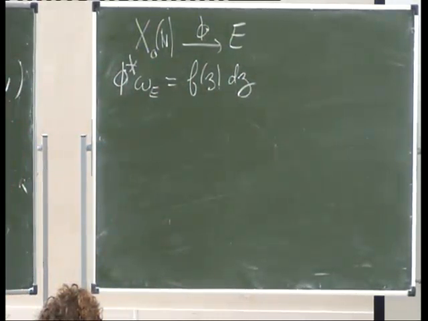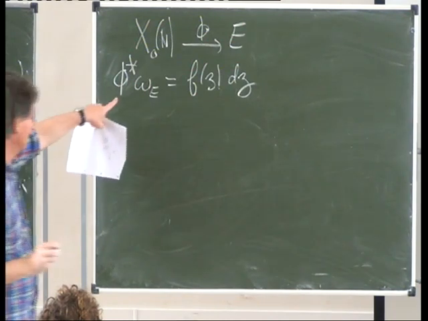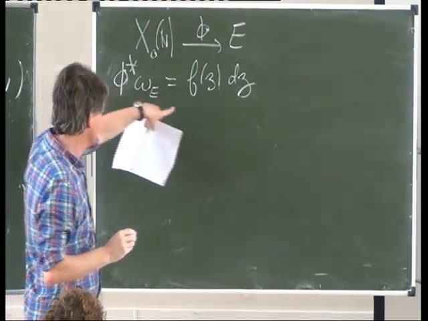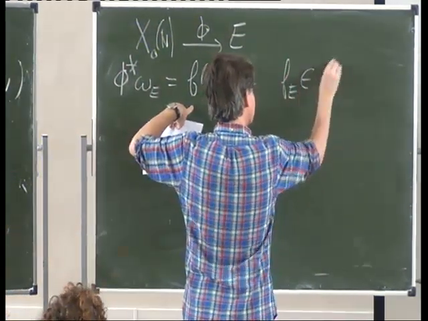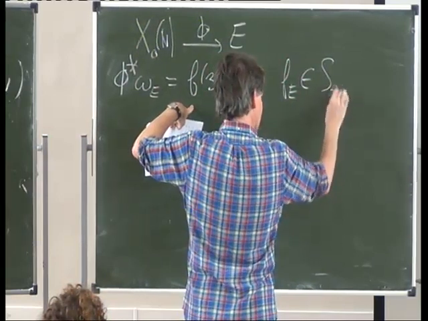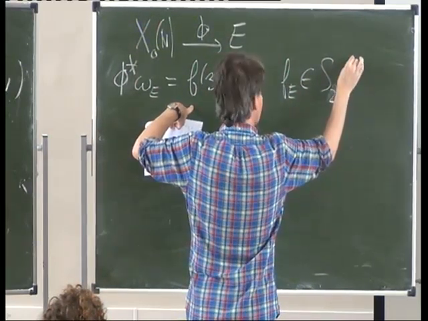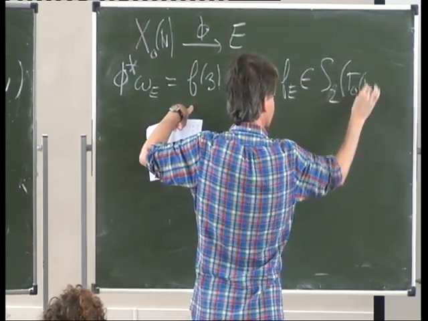Why is that? That's the part that's not obvious at all, but at least you get some f_E in S_2 of Gamma_0(N).